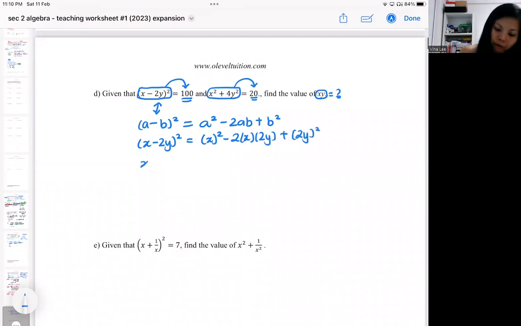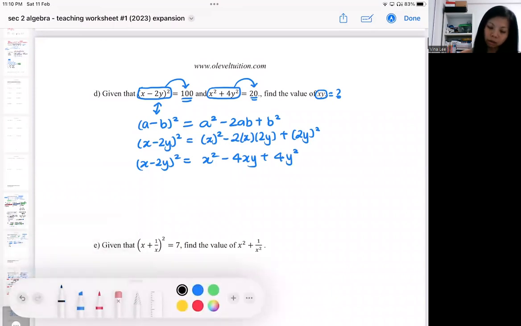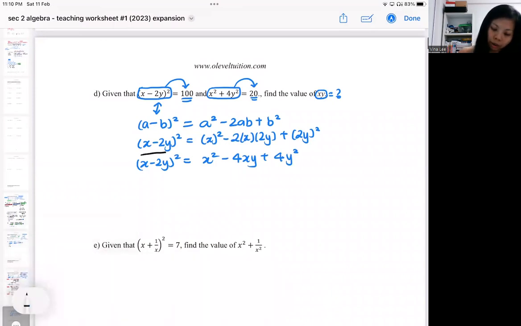So I'm just writing down the formula. After you write down the formula, this whole thing is the 100. Okay, your aim is to find this. So your job is to put this together. So I'm going to put this together.